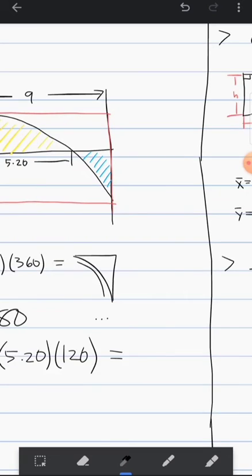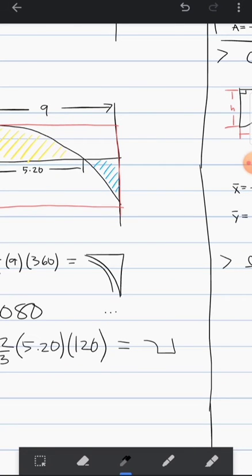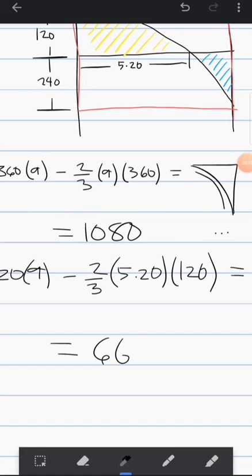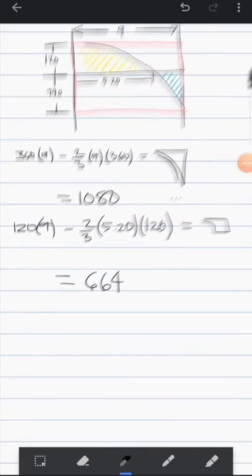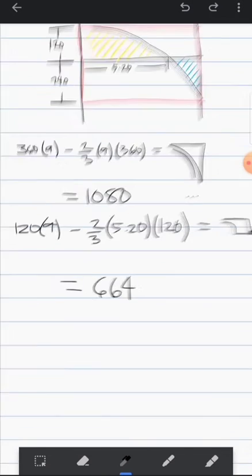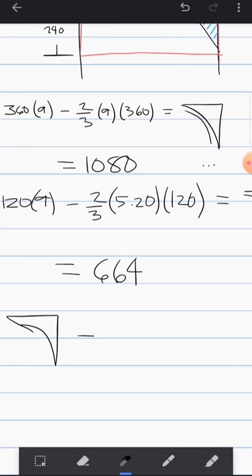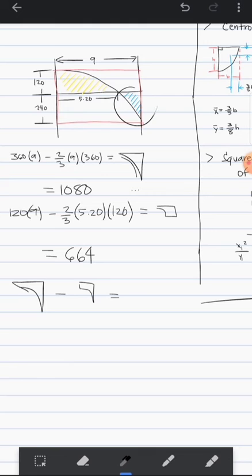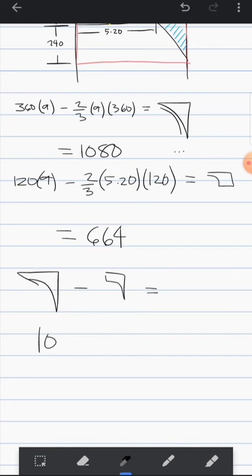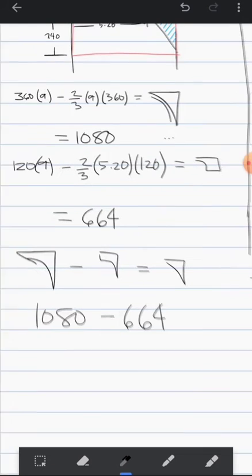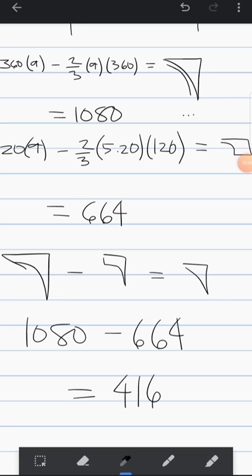The small spandrel is 664. Finally, the big area 1080 minus the small 664 is equal to 416. Now we have the area of this small region.